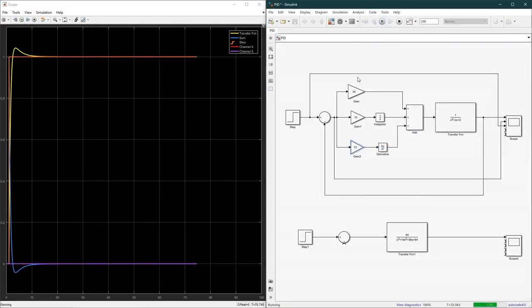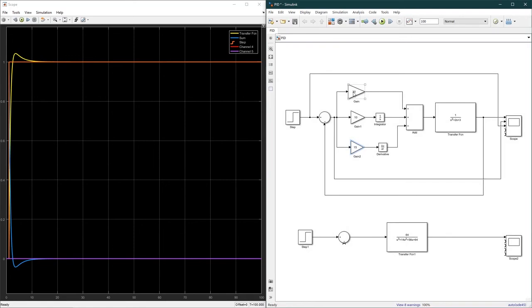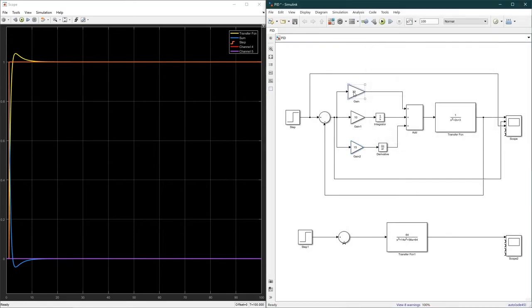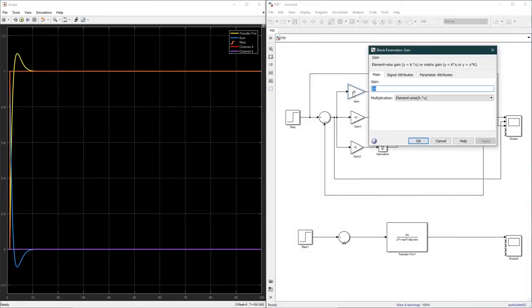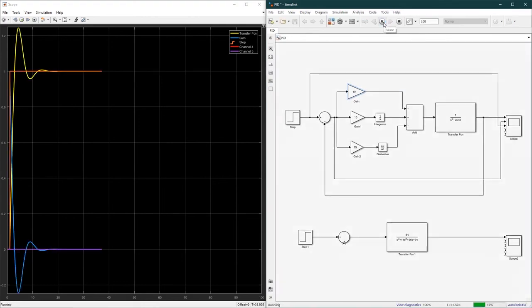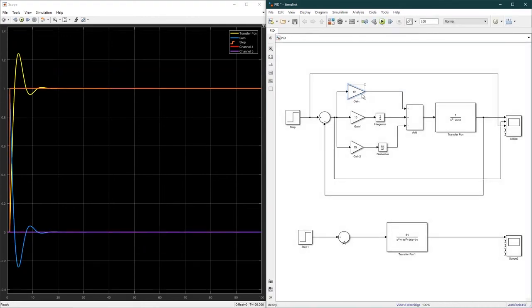Maybe we have to decrease Kp because Kp is too high. Before I adjusted Kp was maybe the best point of it.